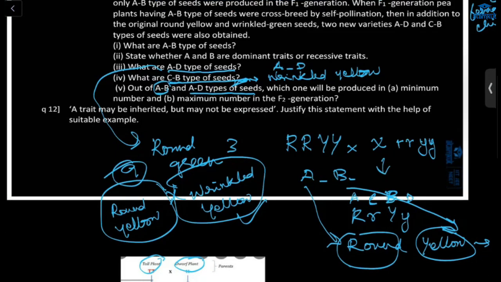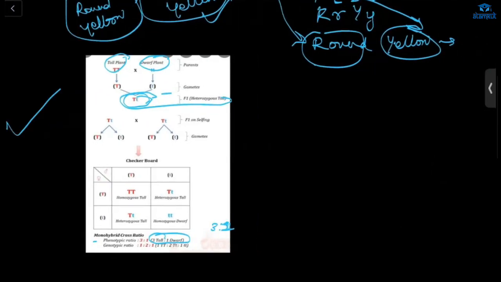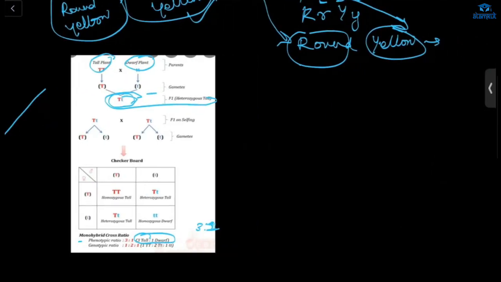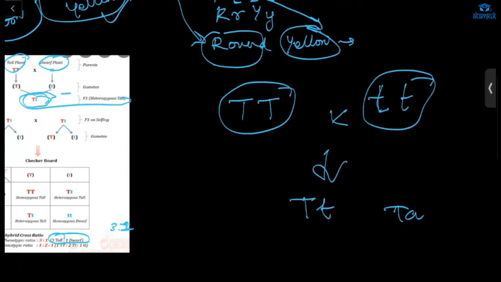A trait may be inherited, but may not be expressed. Justify this statement with the help of a suitable example. This is the suitable example. You can see here, we can take two pure breed pea plants, tall and short. When we cross them, we get all tall plants.